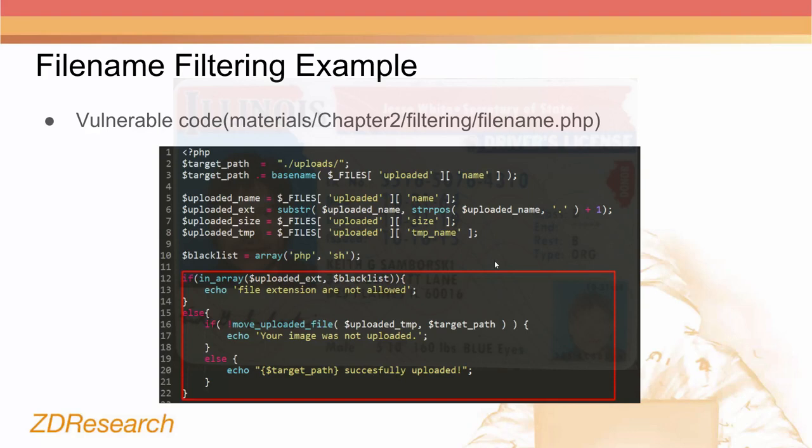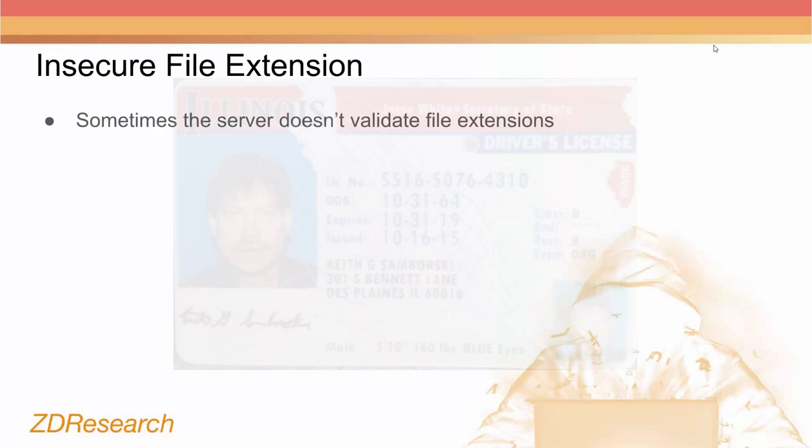As I talked about before, blacklisting is not the best method to do these things. We can use other extensions to bypass this system. There are a lot of extensions that are not secure, and the application generally does not validate these because they don't know the whole exhaustive list of file extensions that can be insecure.